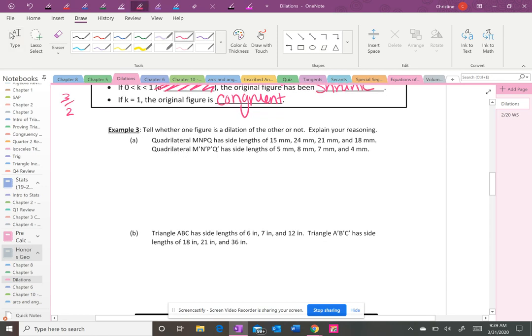Tell whether one figure is a dilation of the other or not, and then explain your reasoning. So it wants you to draw a quadrilateral, MNPQ. Now, it just says a quadrilateral, so it's any 4-sided figure. I don't know what it looks like. We'll make it look like this. MNPQ.